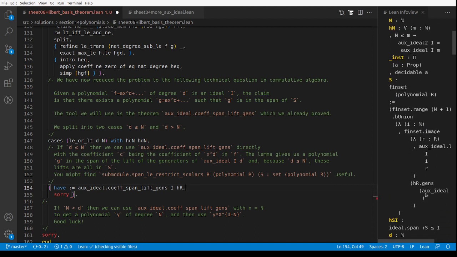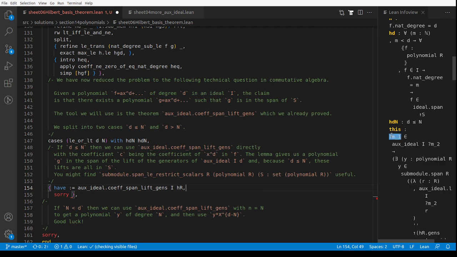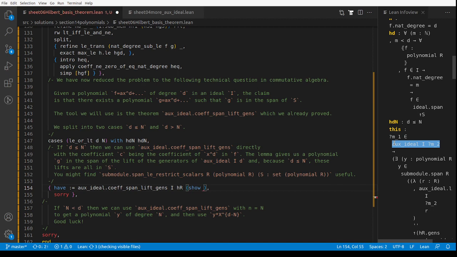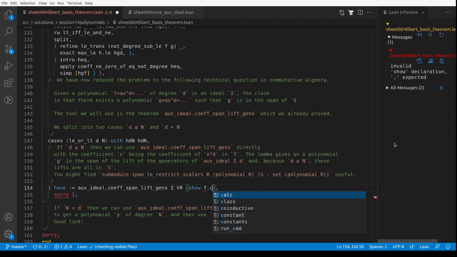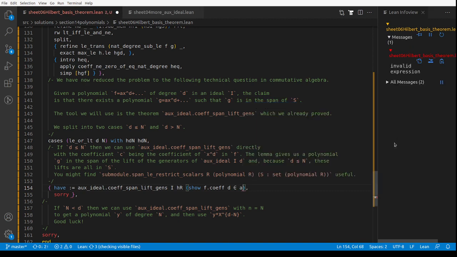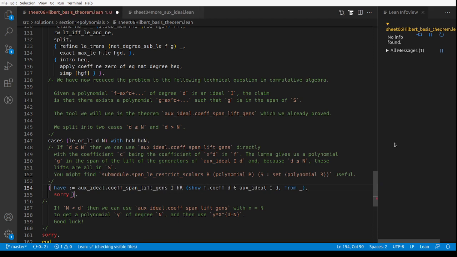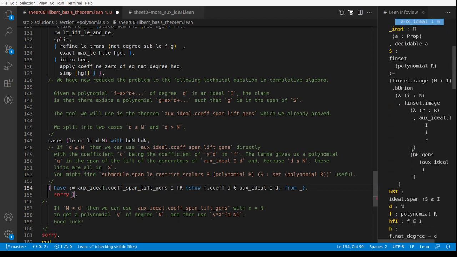And then we need a proof that something is in an auxiliary ideal. So that will be the leading coefficient of f. Show f.coef d is in Orcs ideal ID, from something I'll tell you in a minute. And now, great, we've got two goals.